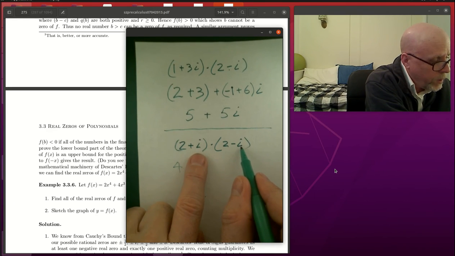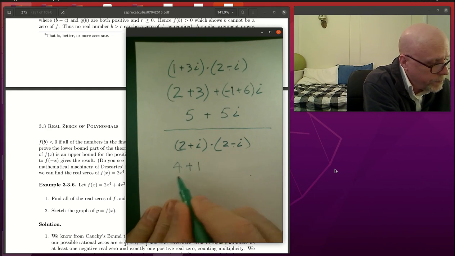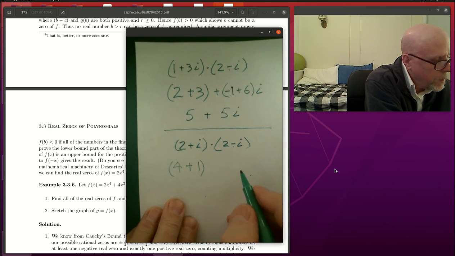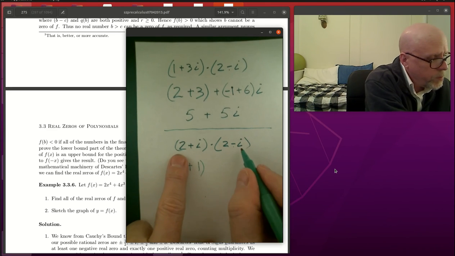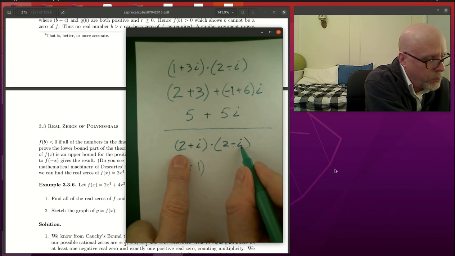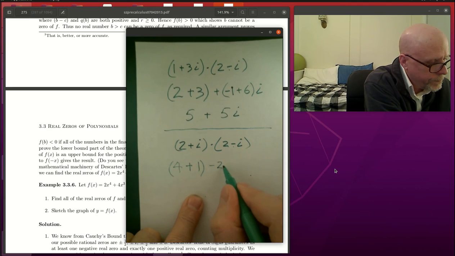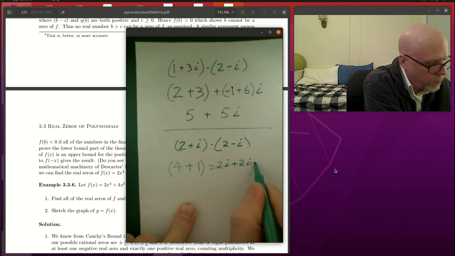So the I squared gets us a minus sign, but there's also another minus sign there. That ends up being just a plus 1. And then look what happens with outer times outer and inner times inner. One of them is minus 2i, the other is plus 2i.